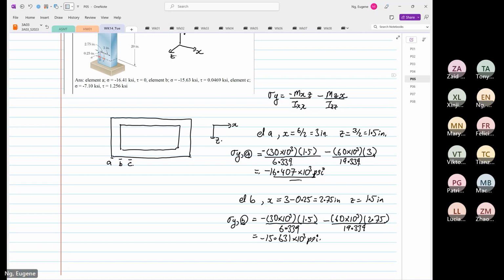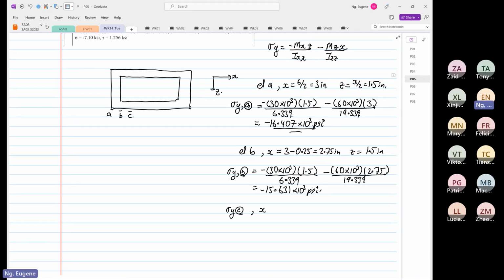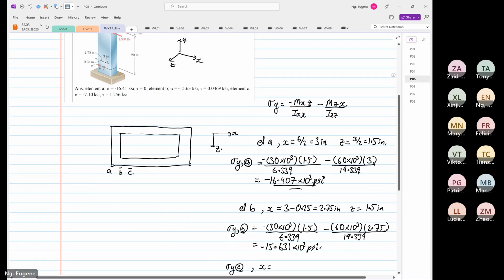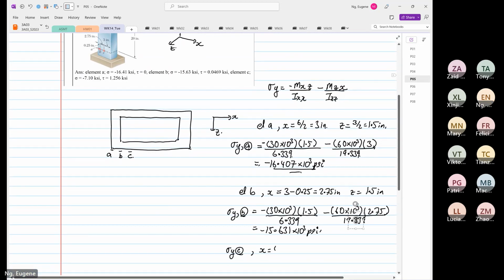Let me do it again. Okay, 30 power 3 times 1.5 divided by 6.339. Yep. Okay, and then finally at point C, the x distance is 6 divided by 2 minus 0.25.